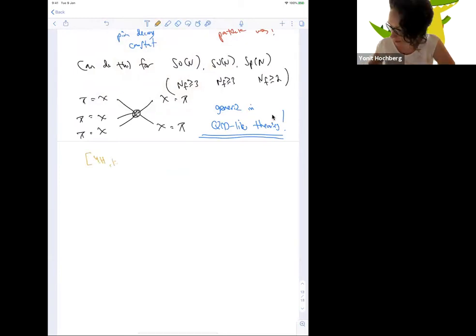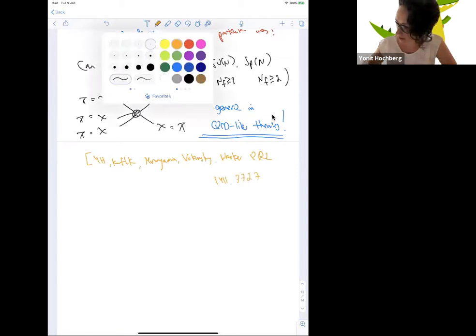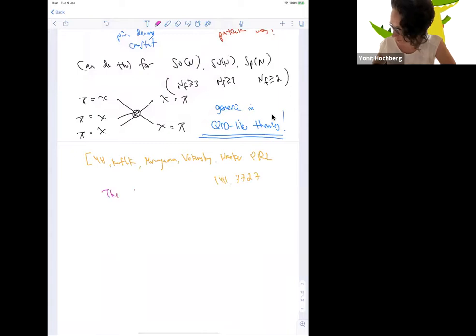This was a second paper, with myself, Kuflik and Murayama, Wolansky, and Jay Walker. This was a second PRL, 1411.3727.